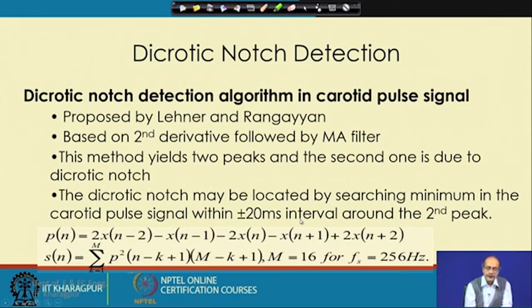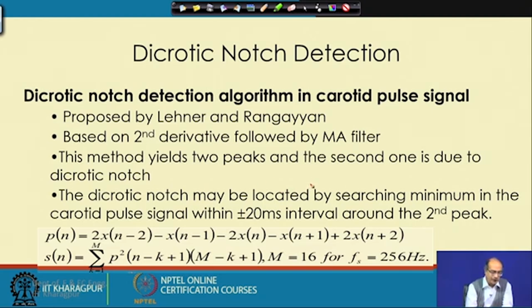So, Lehner and Rangan again used a second derivative based technique. They suggested that we take the second derivative of the carotid pulse signal followed by a moving average filter, and this will give rise to two peaks.